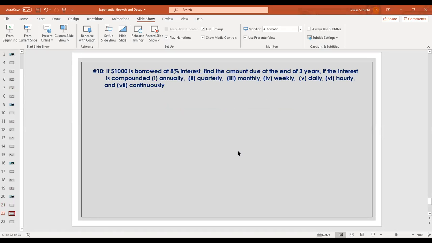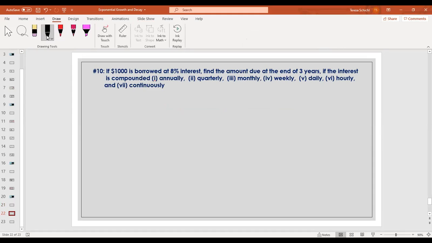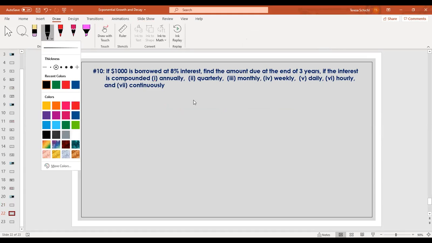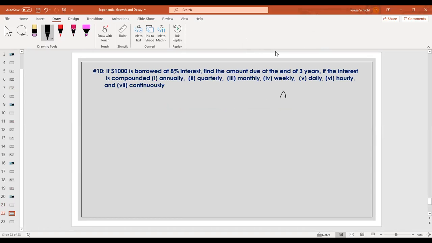For the interest rate, how do we calculate that? First, let me write out the interest formula. The formula we use is A equals A0 times (1 plus r over n) to the power nt.